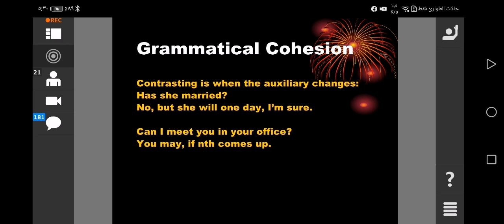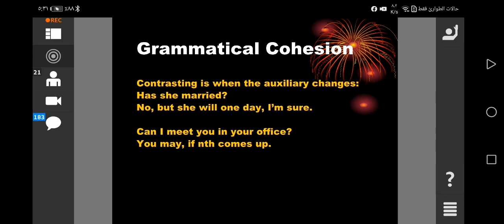Now an example of auxiliary contrasting. Has she married? No, but she will one day, I'm sure. What is ellipted? Marry, yes.